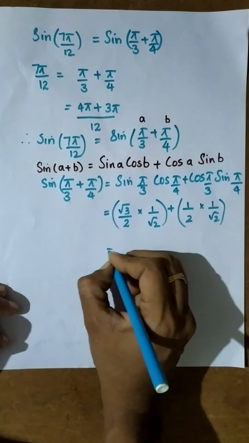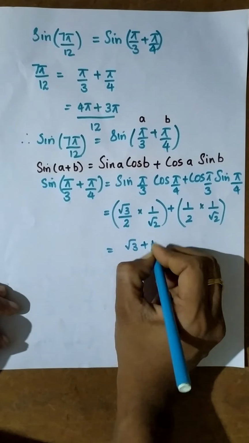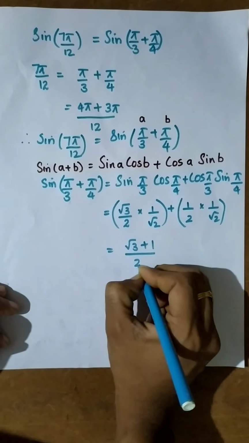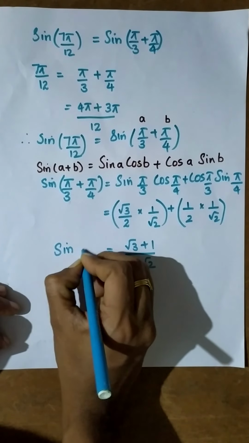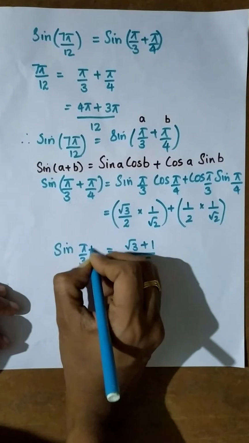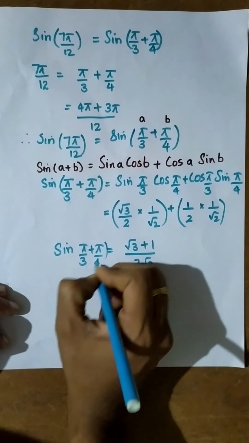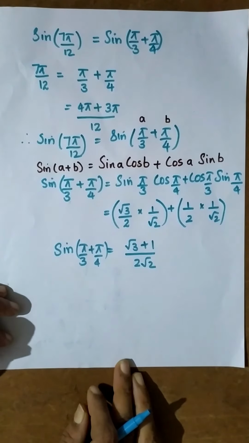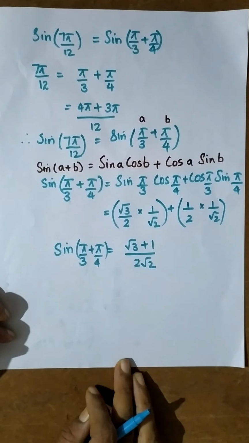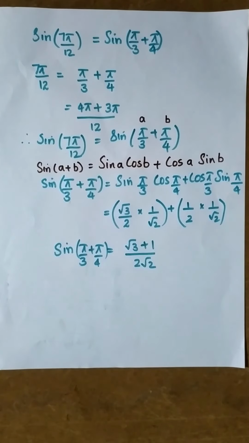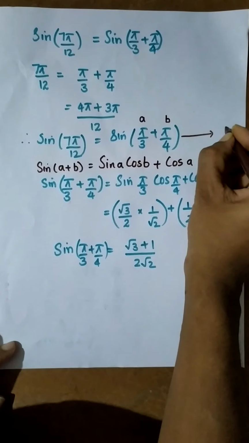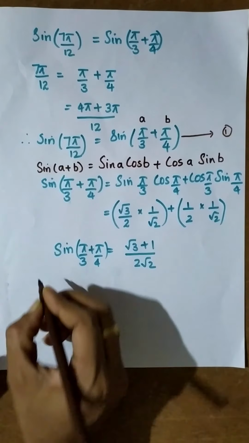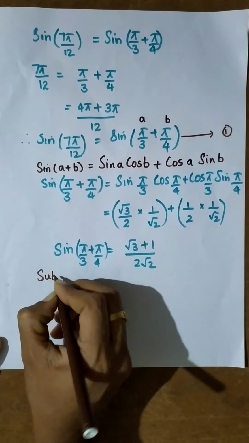So the denominators in both the terms are equal, so you can add the numerators to get root 3 plus 1 over 2 root 2. So sine of pi over 3 plus pi over 4 is equal to root 3 plus 1 over 2 root 2. So we get that sine 7 pi over 12 is equal to root 3 plus 1 over 2 root 2.